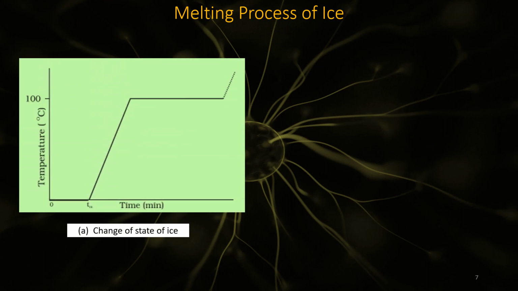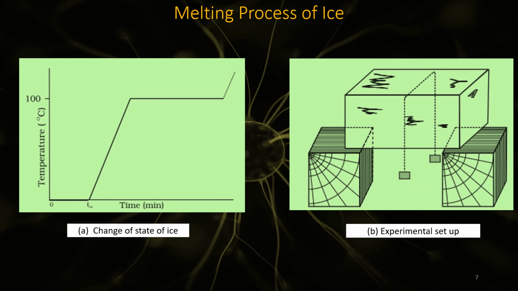The melting process of ice can be performed using an experimental setup shown in figure B, and the process itself can be represented graphically as shown in figure A. For doing this activity, you can set up the experimental setup as shown in the figure.